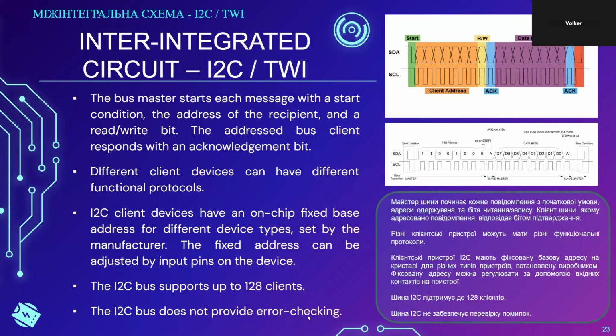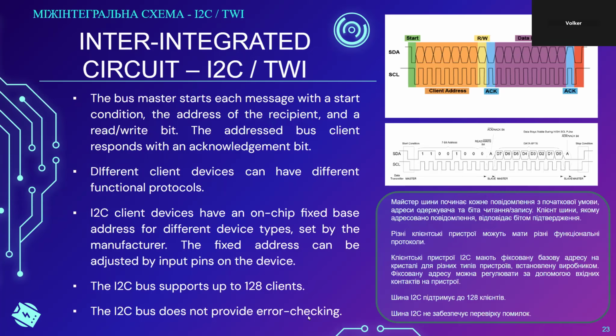The advantage, of course, is that you just need 2 lines, the clock line and the data line. There is no further address line on the bus. There is no chip select line. The fixed address can be adjusted by the input pins. Because the addresses are addressed by 7 bits, there can be up to 128 client devices.